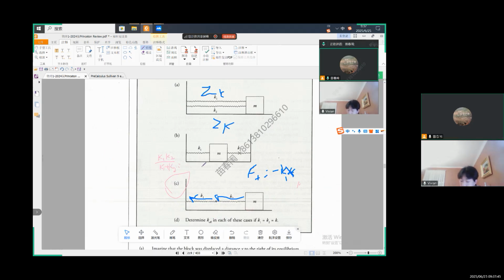I'm going to substitute K, so it's K times K over K plus K, K squared over 2K, which is K over 2. So for C it's K over 2, and for D it's 2K.